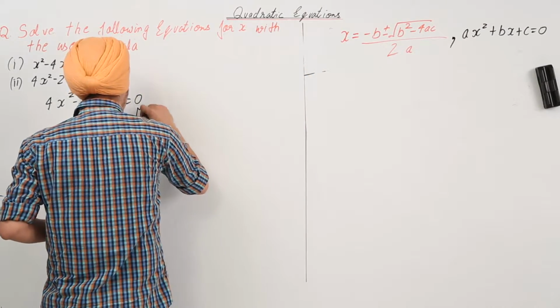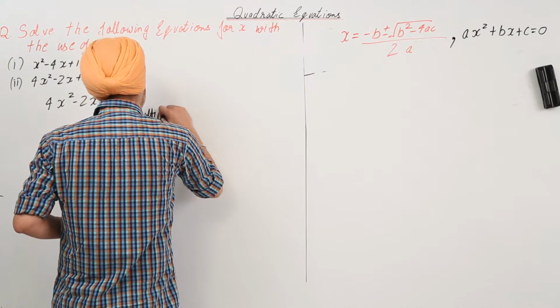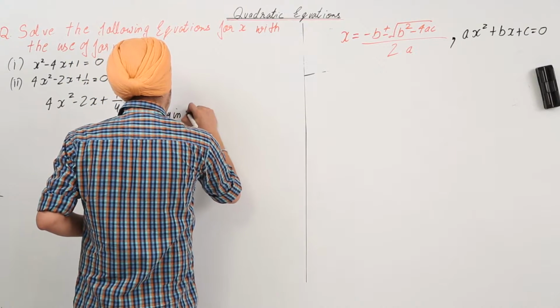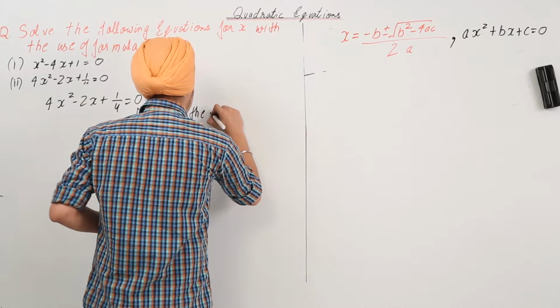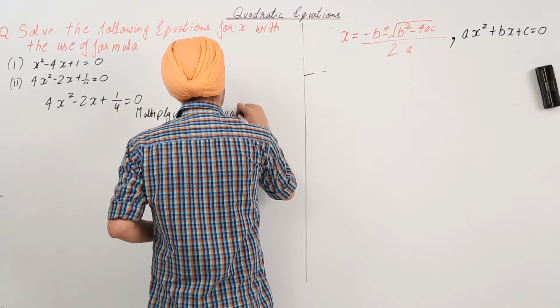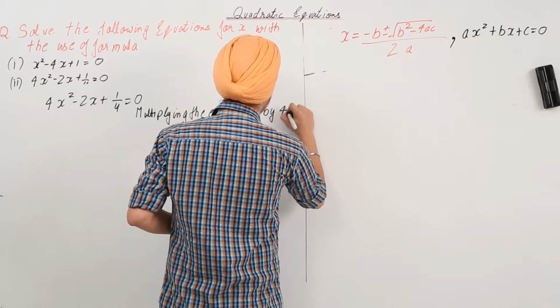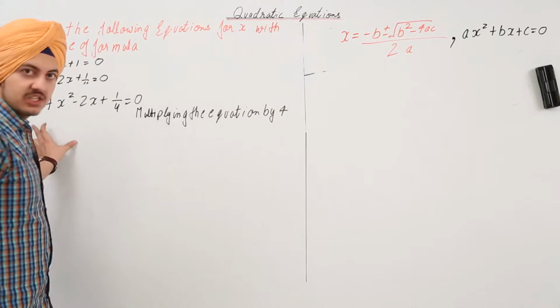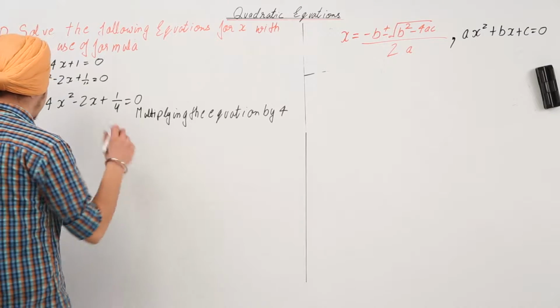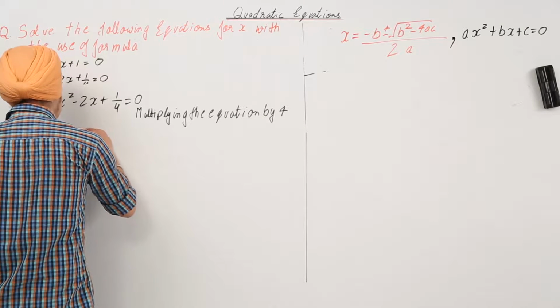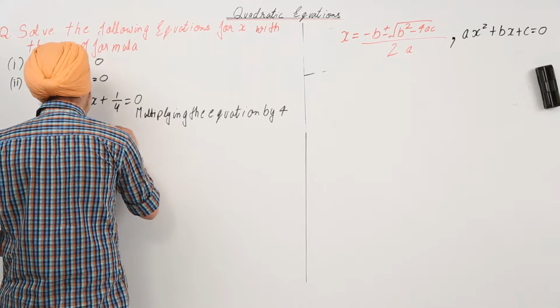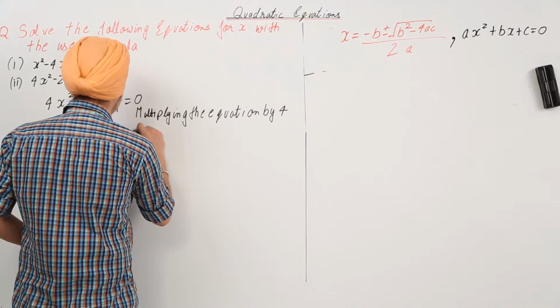So multiplying the equation by 4, we get 16x square minus 8x plus 1 equal to 0.